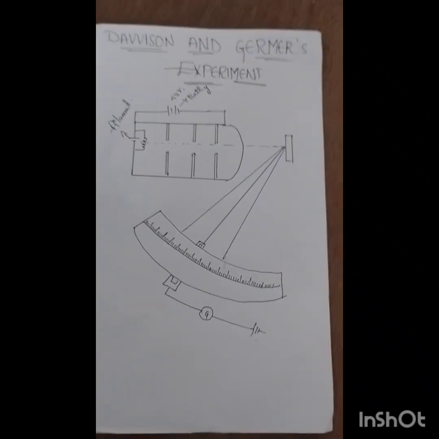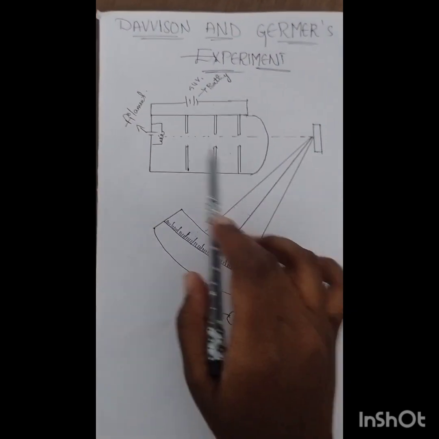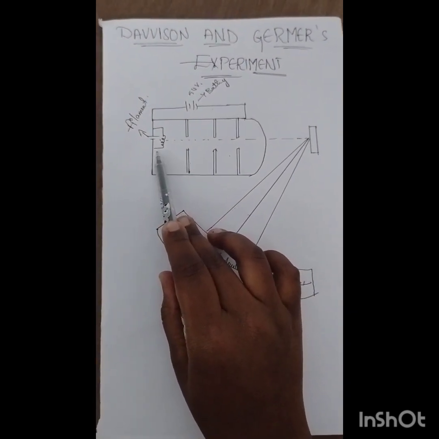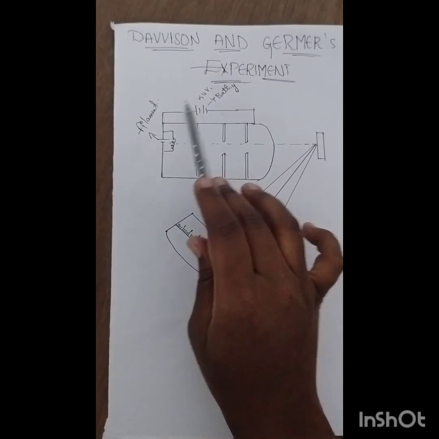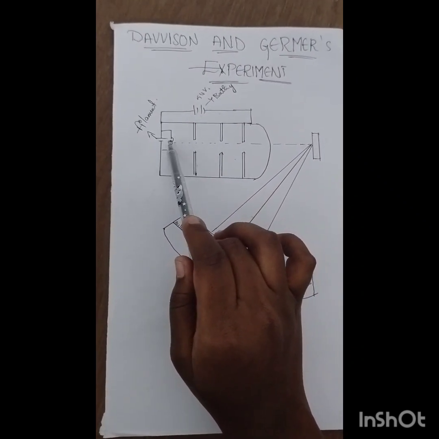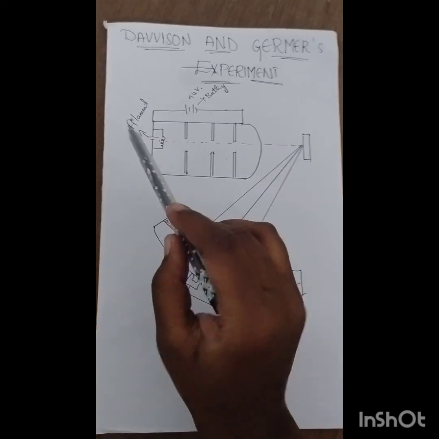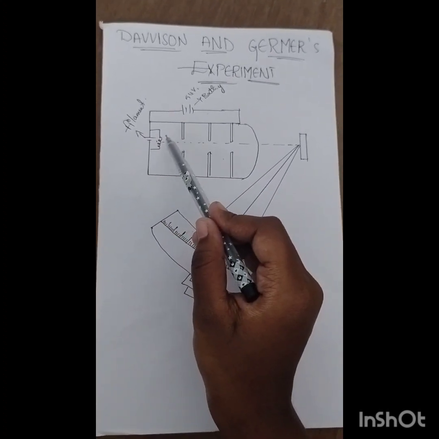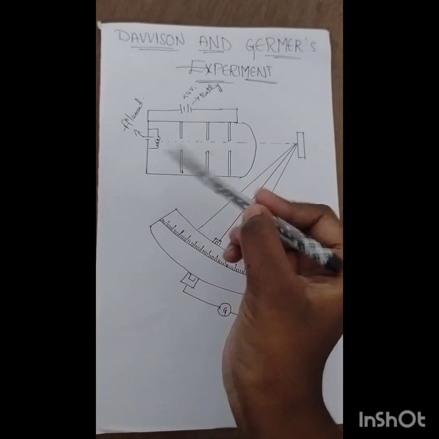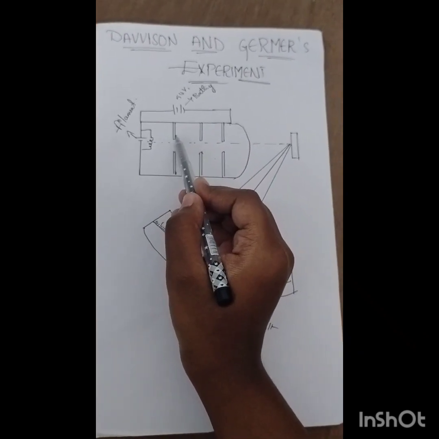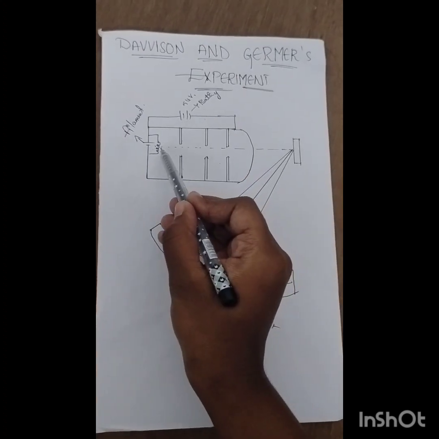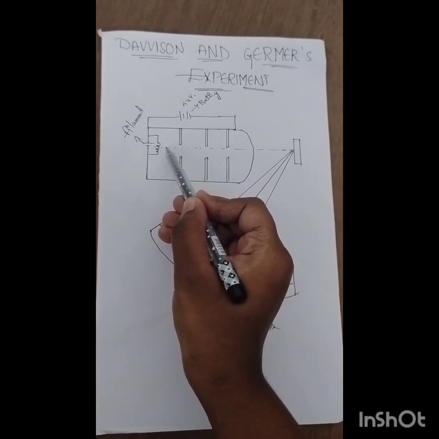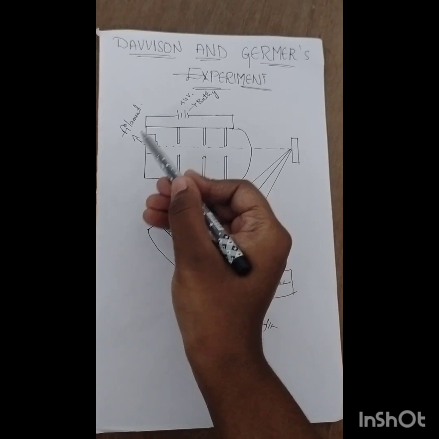Here, this is known as the electron gun, and this is the filament, which is made up of tungsten material, and this is the battery. When the filament, or tungsten, is heated, electrons are produced from the tungsten material. These are the electrodes, which are placed on two sides of the gun to accelerate the electrons passing through the filament.